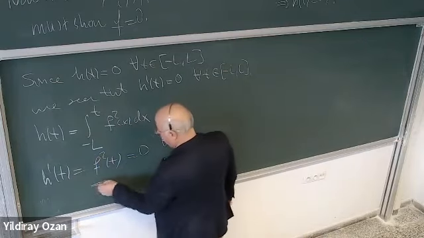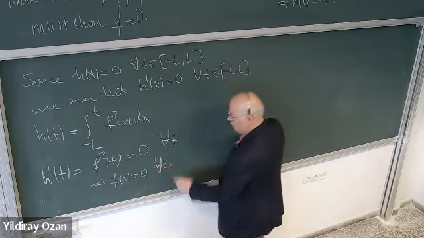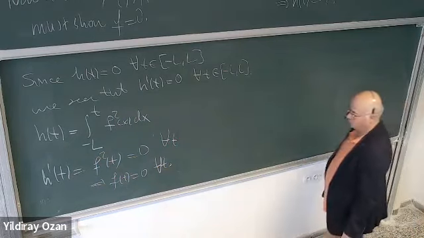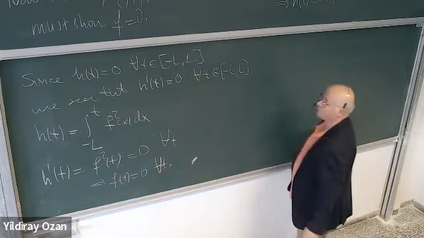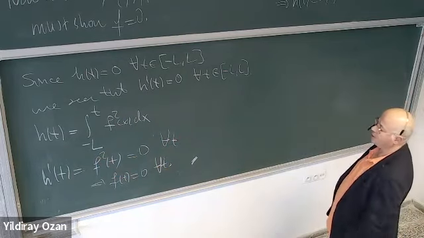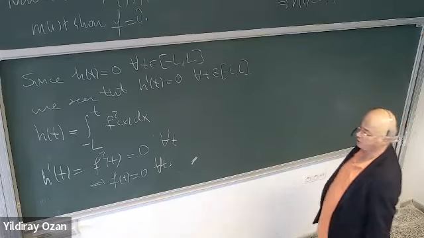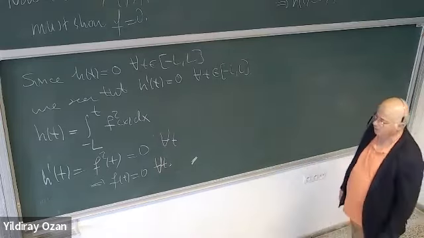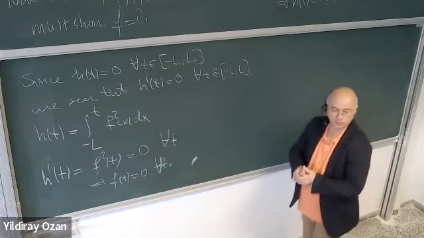So it implies that f of t is 0 for all t. Okay? So f is 0. So this finishes the proof. But here, of course, we are using the fact that f is a continuous function. Otherwise, with this formula, you cannot use the fundamental theorem of calculus.